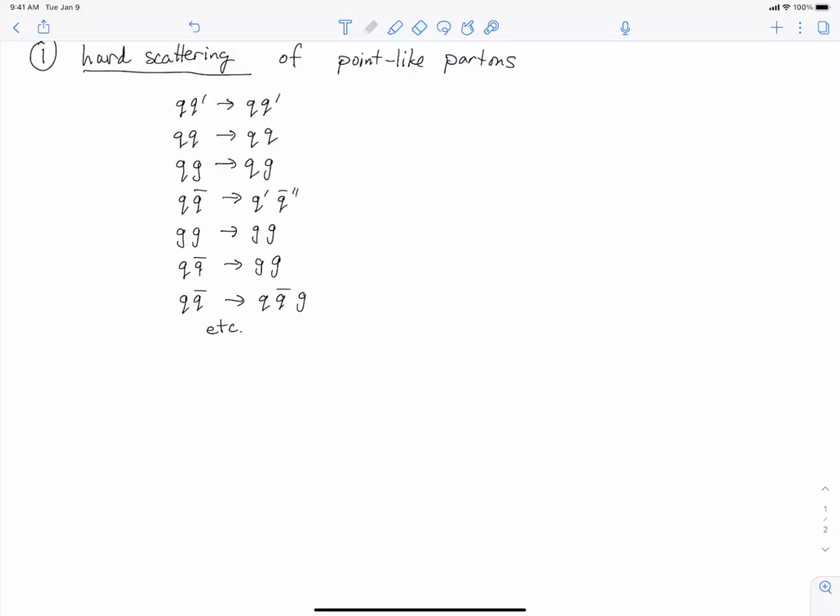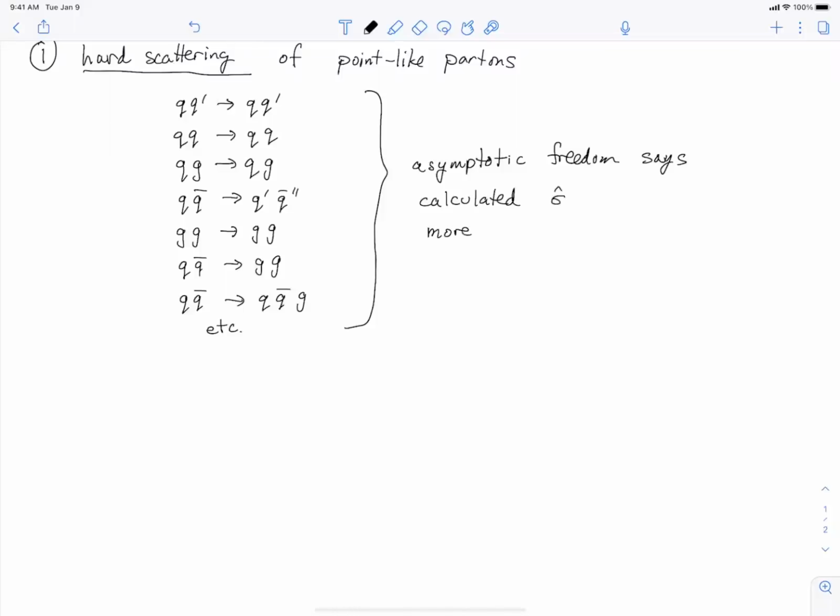When you do this calculation, one thing that's nice is that asymptotic freedom, the fact that the perturbative renormalized coupling gets small at high energies, says that the calculated cross sections, and remember I'm putting a hat on them to say that they're parton cross sections, are more reliable at higher energies.